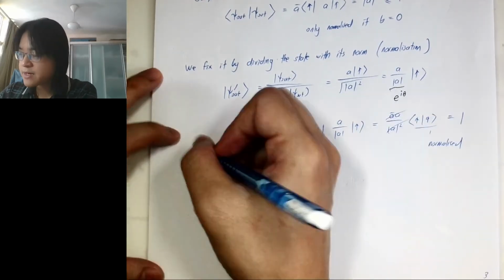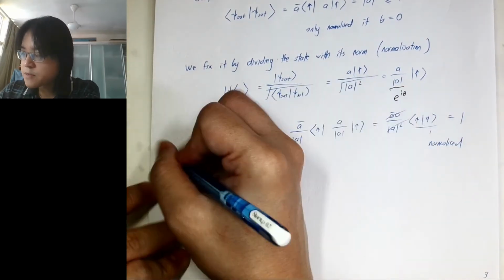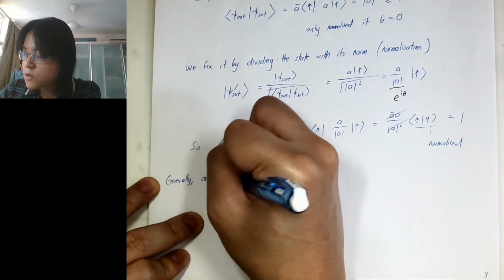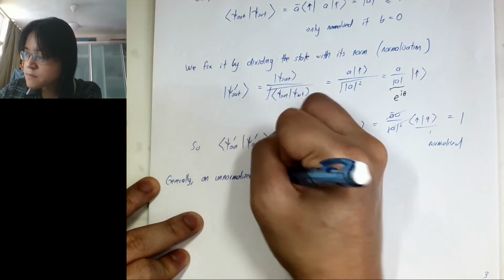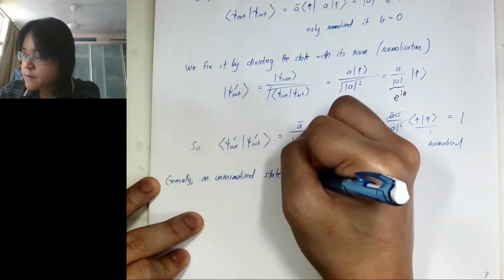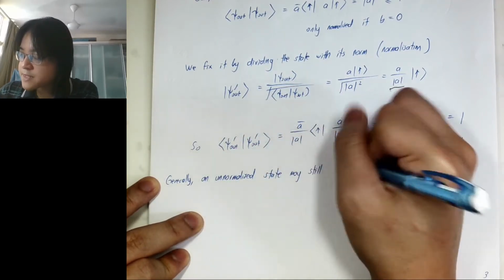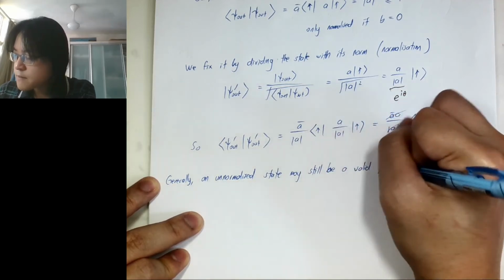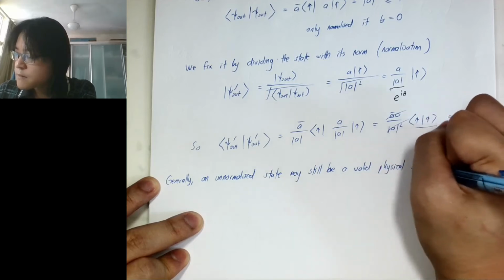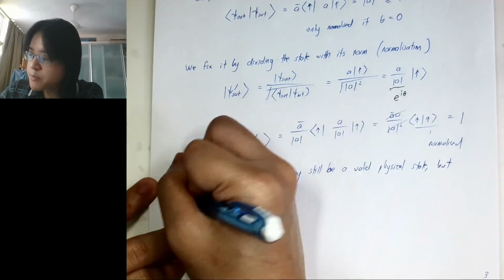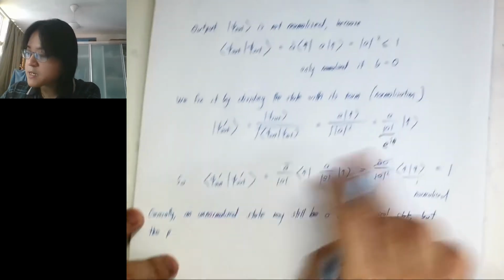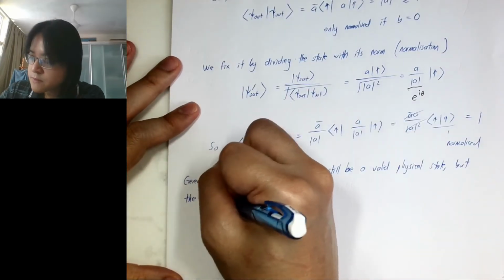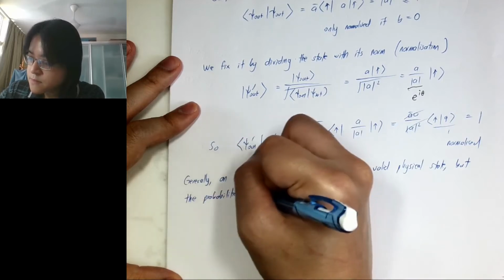Should I write it down? Yeah, let's write it down. So in general, an unnormalized state may still be a valid physical state, but the probabilities do not sum to 1, because the overall thing does not sum to 1.